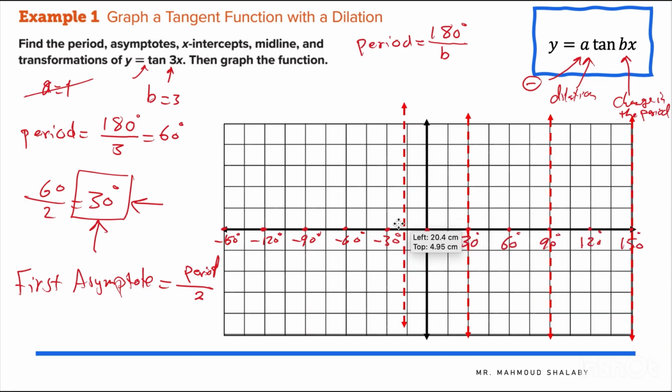Then on the other side we will have the same thing at negative 30, and then one at negative 90, then another one at negative 150. So again, guys, the asymptotes will be drawn that way. Start at 0, the first x-intercept, then asymptote, x-intercept, asymptote, and so on. Same thing from the left side.